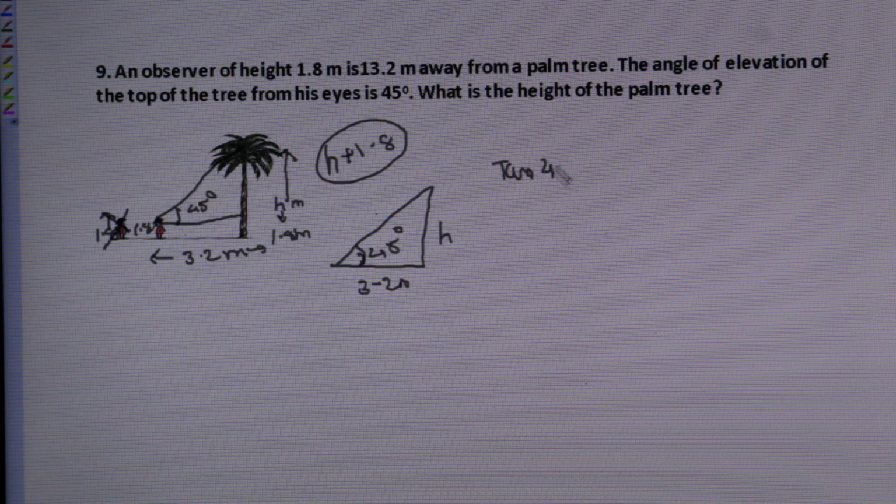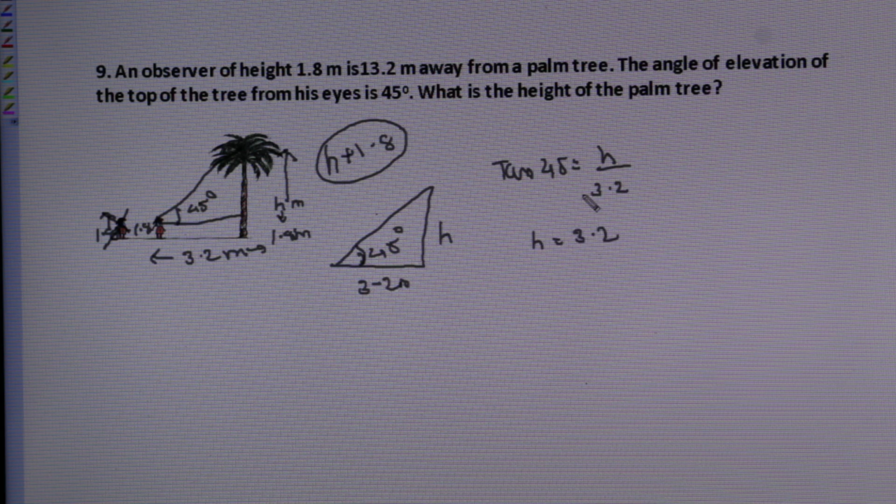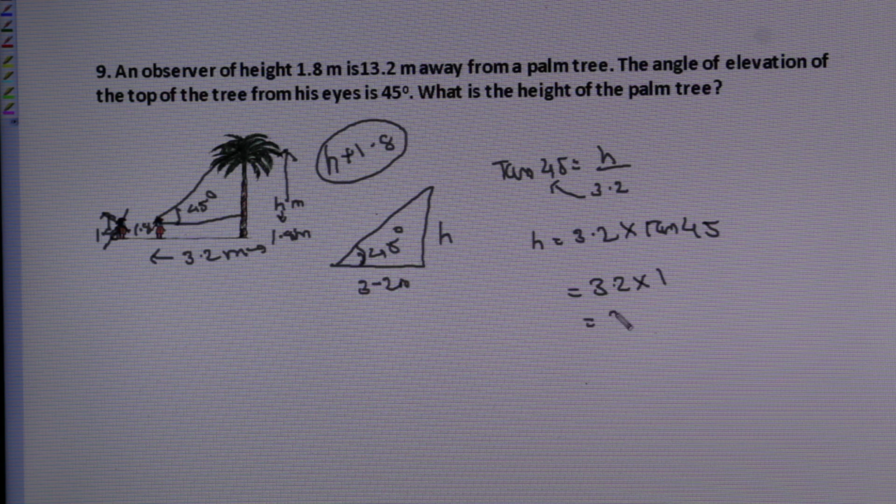Tan 45 is equal to h by 3.2 meters. Then h will be 3.2 into tan 45. 3.2 into tan 45, which is 1. Therefore, 3.2 meters is the h.